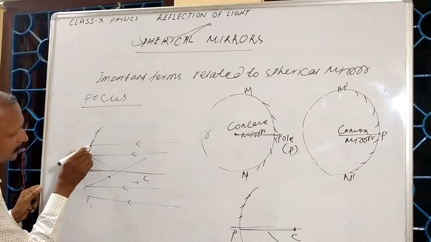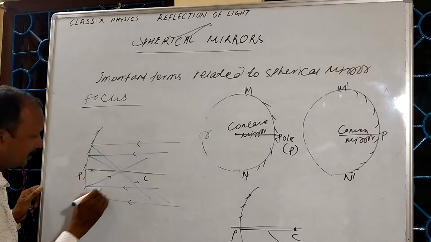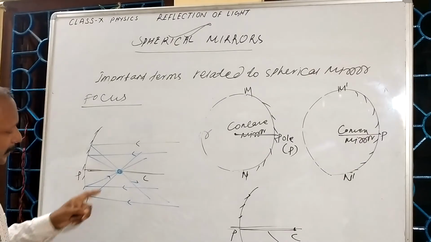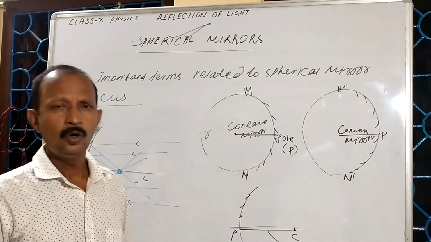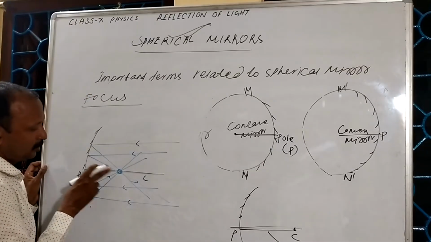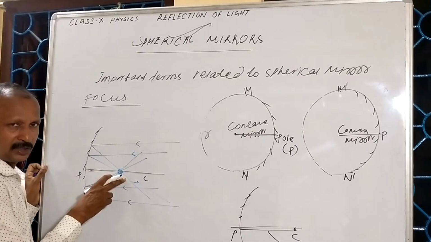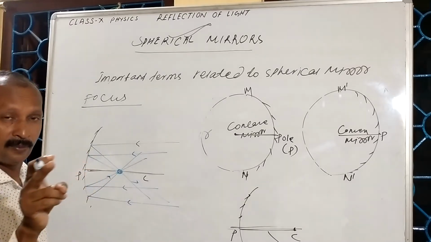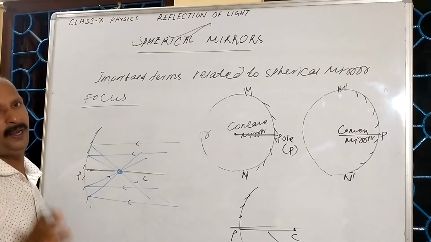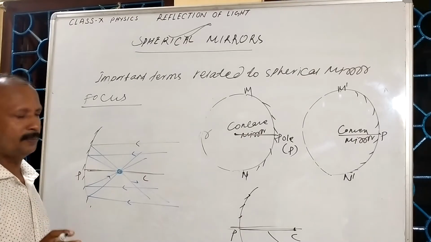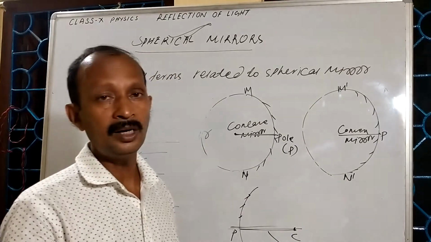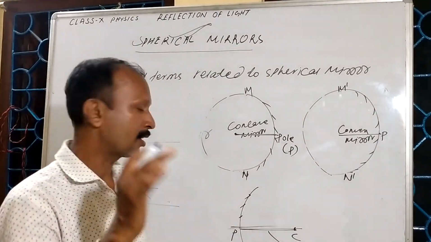This ray is also reflecting. This ray is also reflecting. All these reflected rays are meeting at one point. How to draw this reflected ray based on the laws of reflection, in my next video I shall explain. Today I am just telling about the terms related with the spherical mirror.